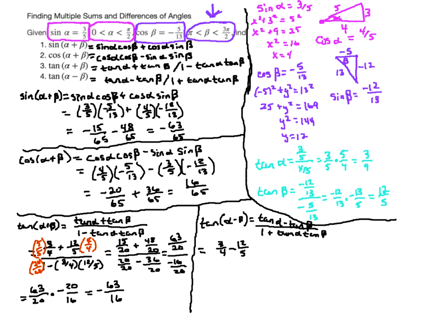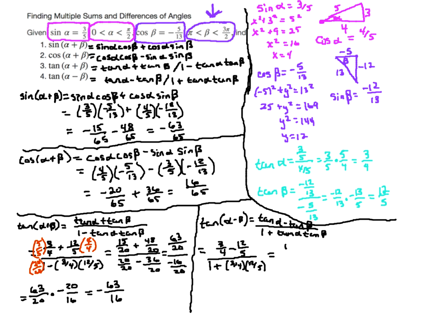So it's going to be the same getting the common denominator as it was in the last one, but I'm subtracting them. That's the only difference. And down here I'm adding 1 plus tangent alpha 3/4, tangent beta 12/5. So I'm not going to show how I got the common denominators.